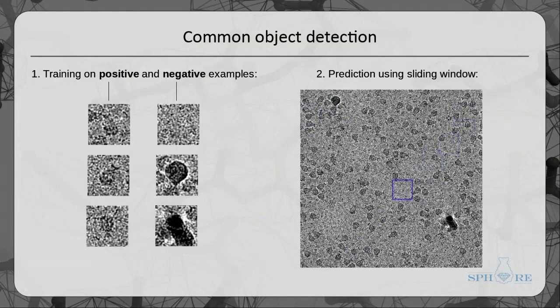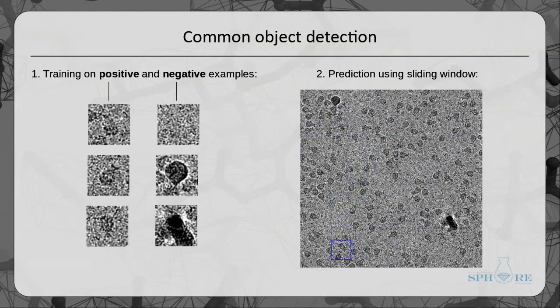It crops out small regions and presents them to the classifier, and the classifier gives a result like, okay, with this and that probability, I'm seeing a particle. You put this probability at the position of the sliding window, and what you get is a probability map that there's a particle. The last step is then to detect the maxima on this confidence map.